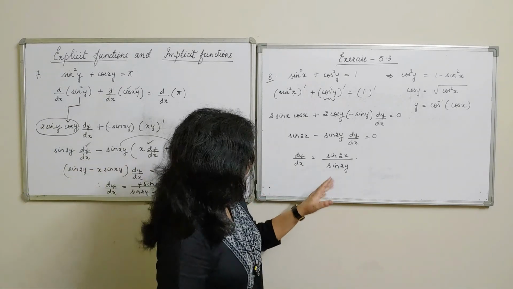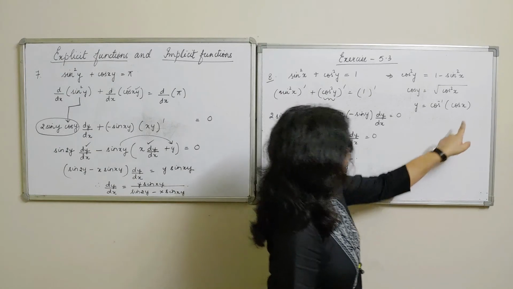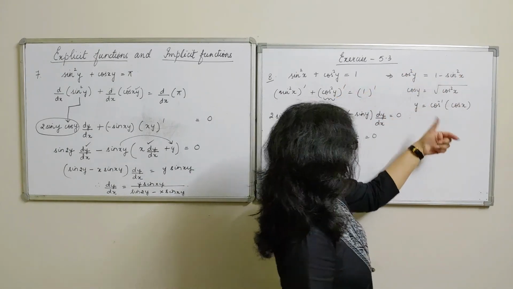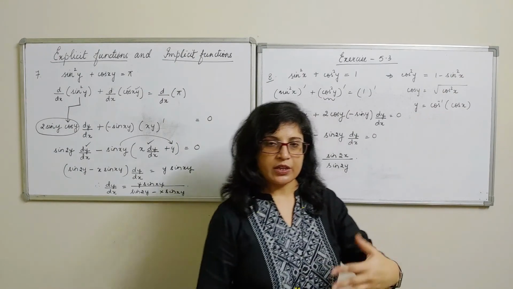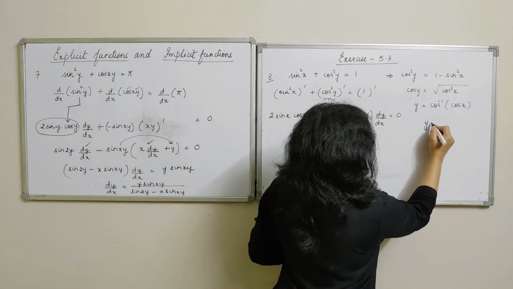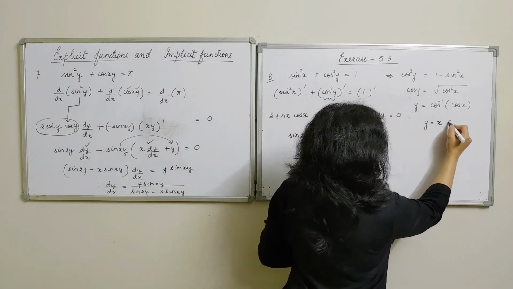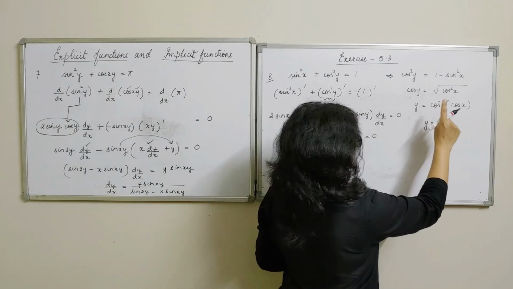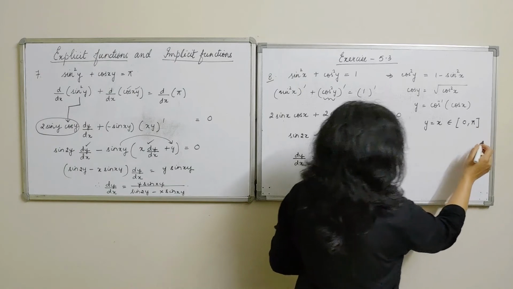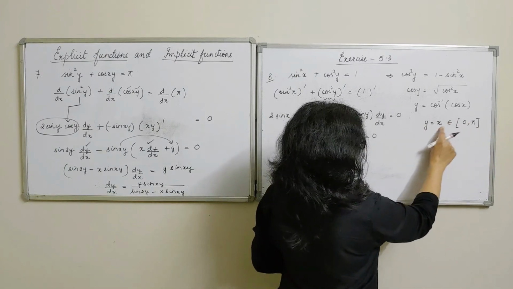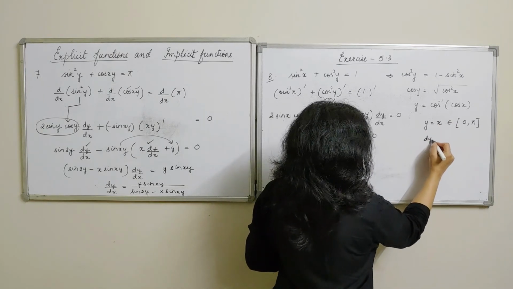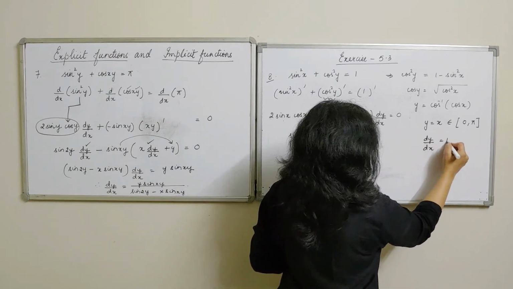Now students, here you have to ensure that if the given equation is this, we are rewriting it like this just to mention that y can be expressed in terms of x, so it is an explicit function. Here y will be equal to x only if x belongs to the principal branch of the cos inverse function, and the principal branch of the cos inverse function is this. So if the angle belongs to the principal branch, only then y is equal to x. In that case you find the derivative will be 1.